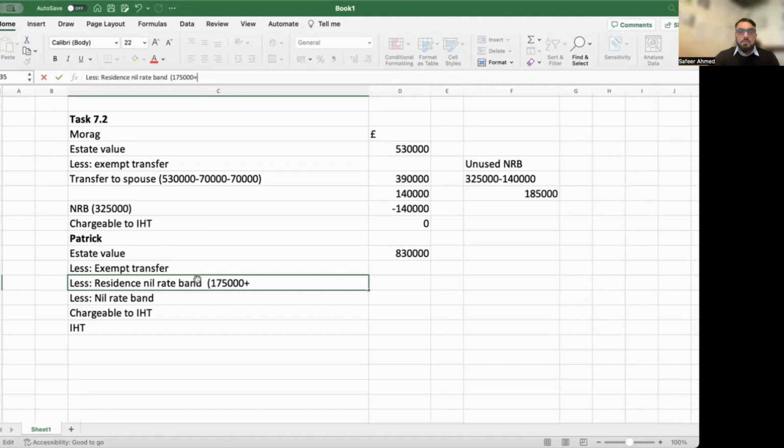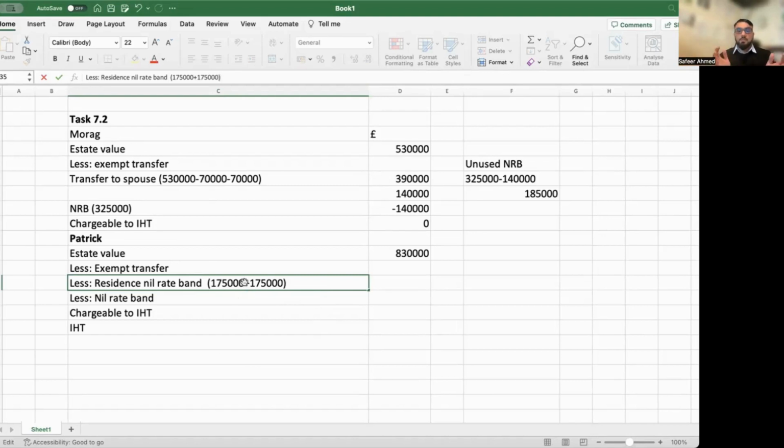So normally for any deceased partner, you can claim that residence nil rate band as well. So 175,000. But it is limited to the value of the house. They've given us 300,000, although in total in this case it was 350,000 available.